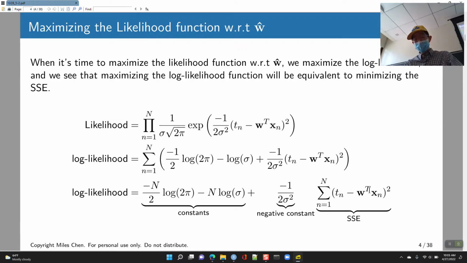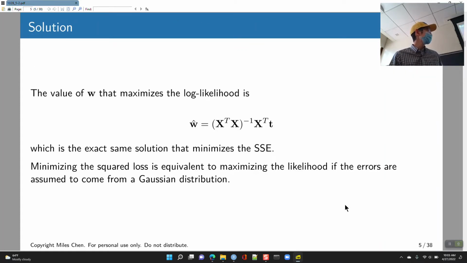Because it's multiplied by a negative value, we're effectively minimizing this. So maximizing the likelihood is equivalent to minimizing the sum of squared errors, and therefore we end up with the same solution.